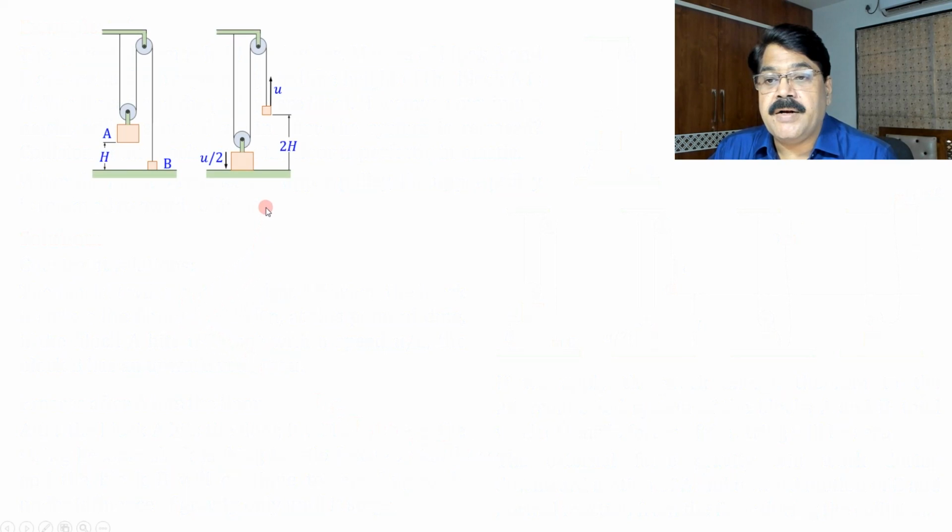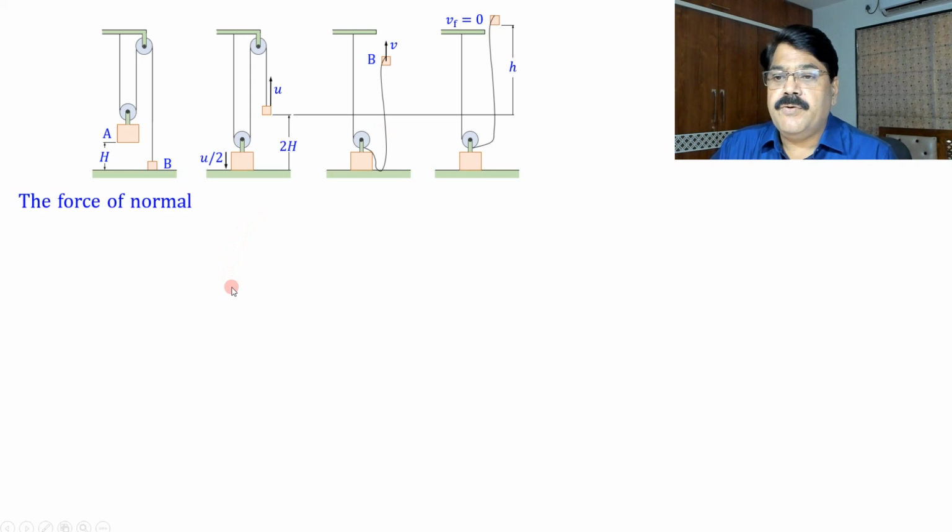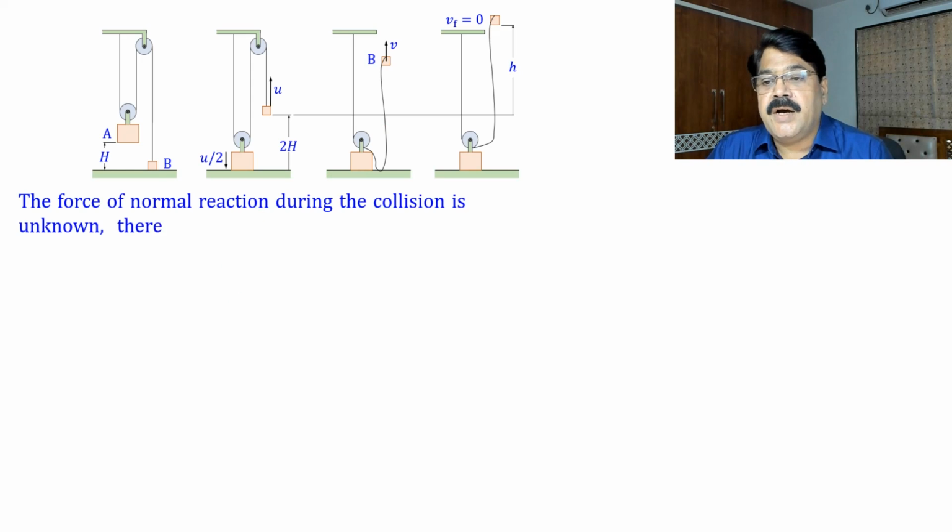I am again showing the diagrams, all the situations here. Now we have assumed that after this situation, the block B rises to height small h and stops here. The force of normal reaction during the collision is unknown.